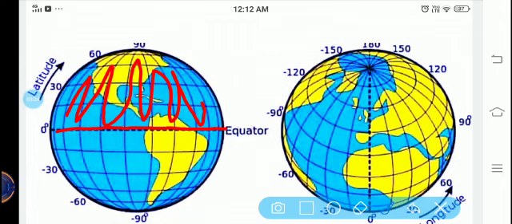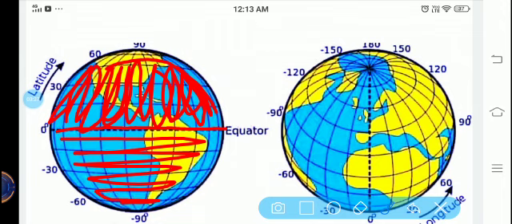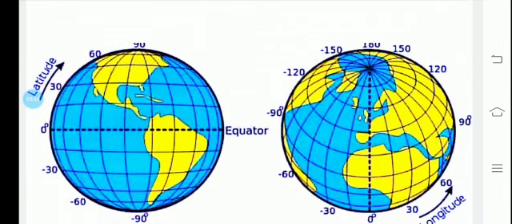This whole part is the northern hemisphere, till the North Pole, and another half part is the southern hemisphere, which is below the equator. This is the southern hemisphere, which extends till the South Pole.